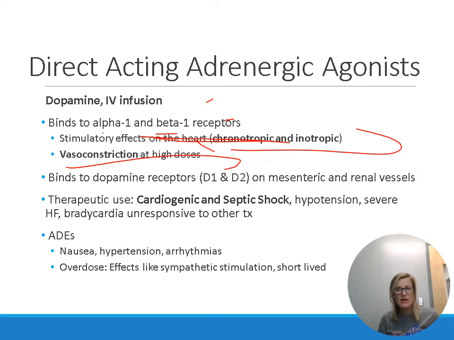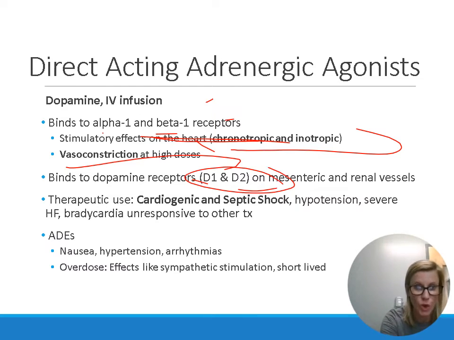Norepinephrine can decrease blood flow to those other areas, right, because of the vasoconstriction that occurs with the alpha receptors. But because dopamine binds to dopamine receptors, it increases the amount of blood that's going to the kidneys and the viscera. This becomes important. If you increase blood flow going to the kidneys, you're going to increase urine production. So you're going to be getting rid of fluid that way.